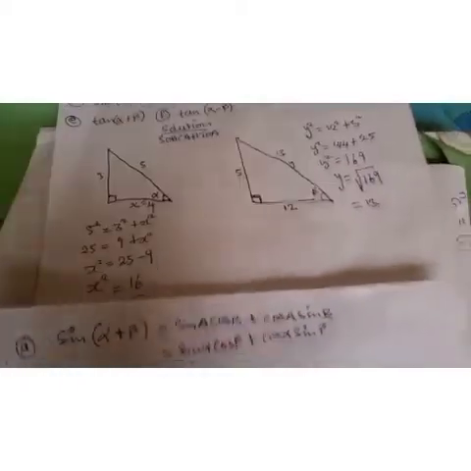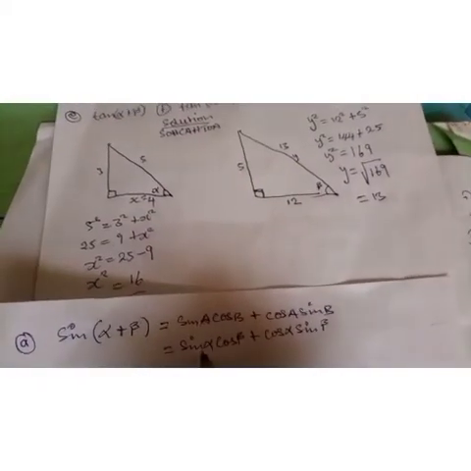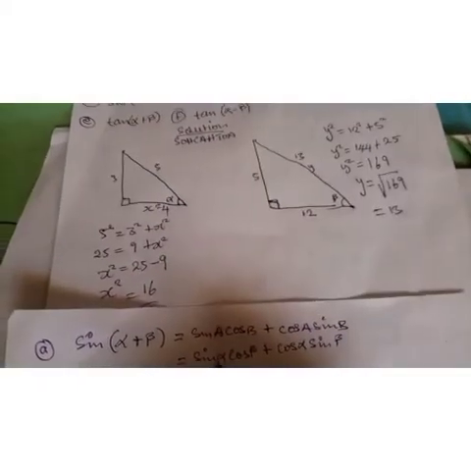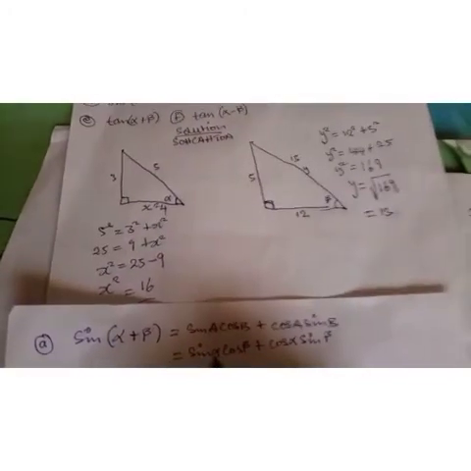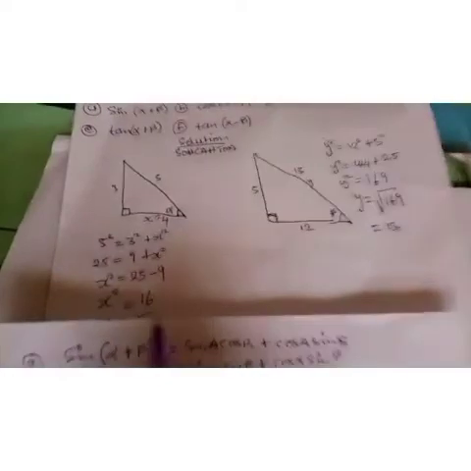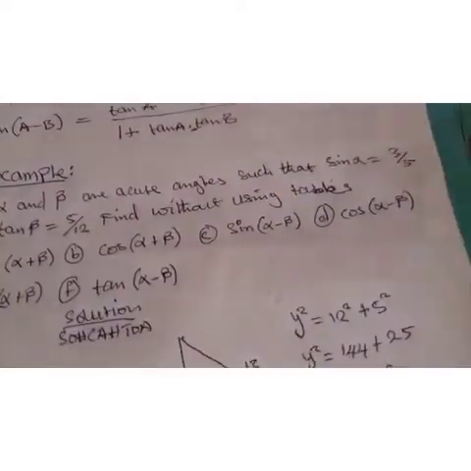When we look at our solving here, sine alpha is given in the question as 3 over 5.